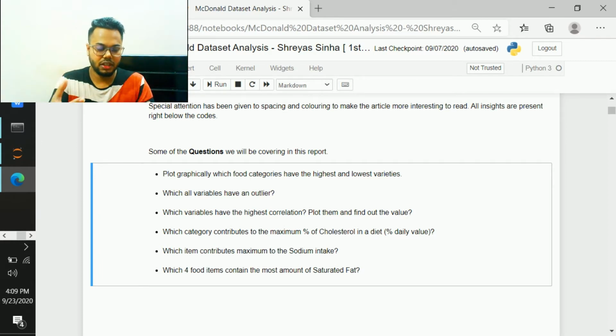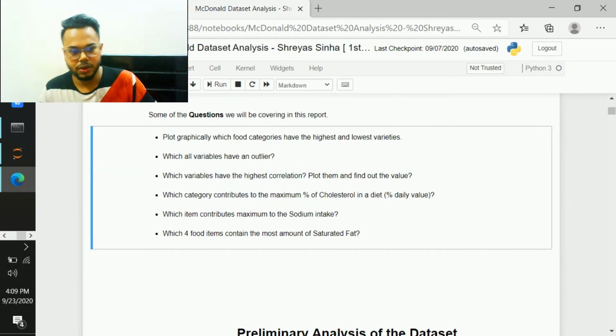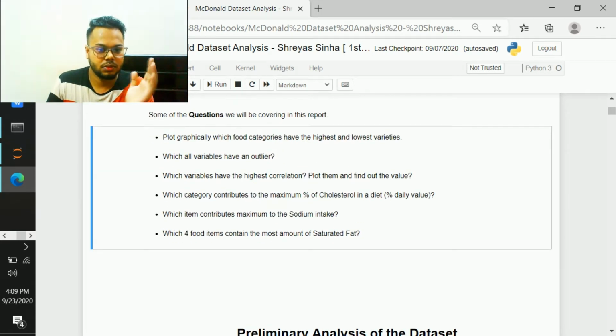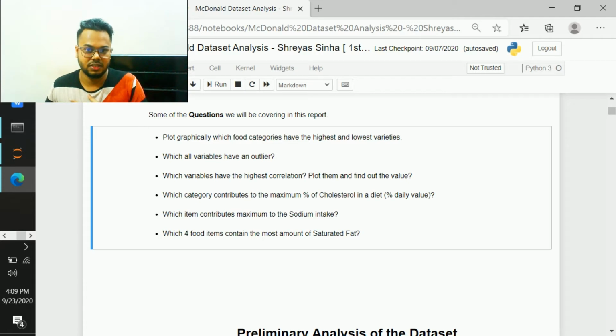So there were a few questions to begin with. Let us just go through the questions. The first one was: plot graphically which food categories have the highest and lowest varieties. We will go through each question in detail as we go on. Which variables have an outlier? Which variables have the highest correlation?